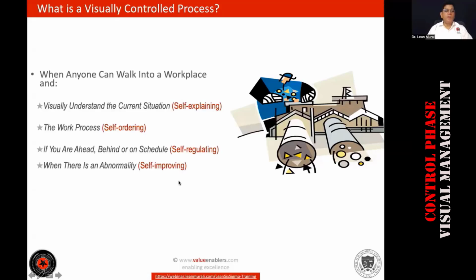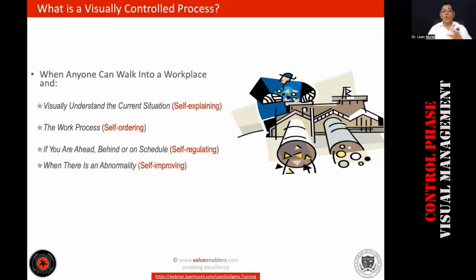Anyone can walk into a workplace and visually understand the current situation, which is self-explaining. All of you type SE in the chat box. It should be self-explaining, self-ordering, self-regulating, and self-improving.